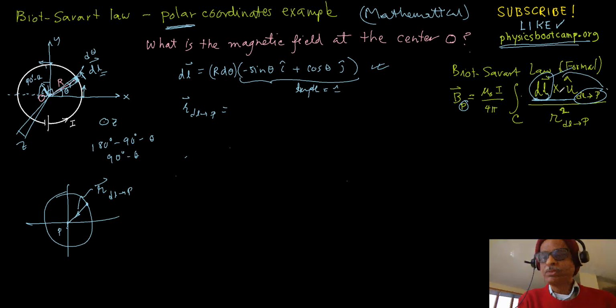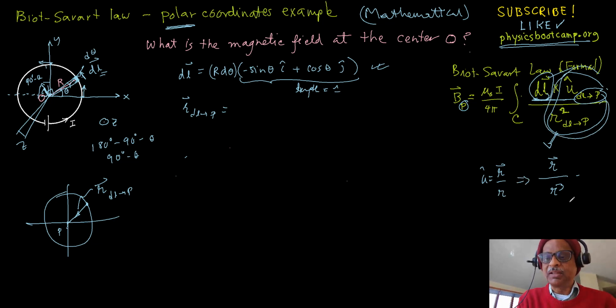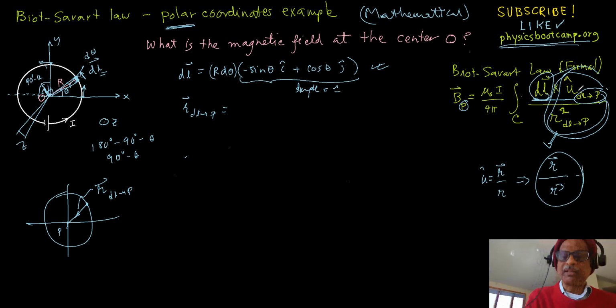So together you can say this is R vector divided by R cubed, because the unit vector will be just R vector over R. I don't need to really get that. I can put this over there and replace that over there. That's usually a better strategy.